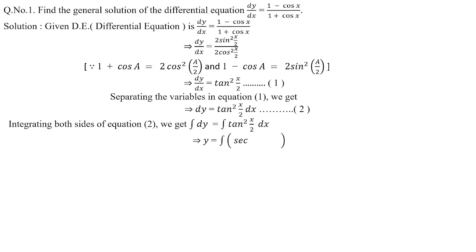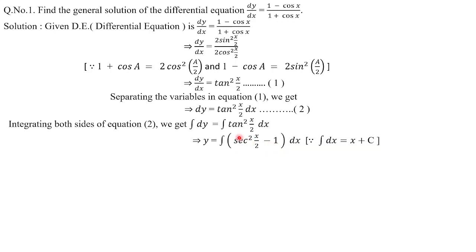So we are rewriting tan square x by 2 as secant square x by 2 minus 1, dx, because of the trigonometric identity tan square theta is equal to secant square theta minus 1. We used that trigonometric identity.